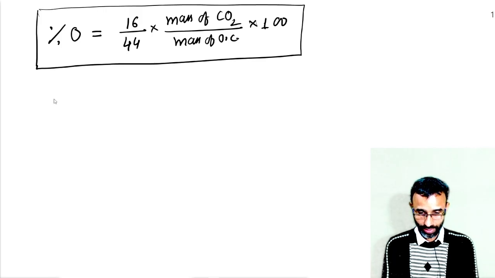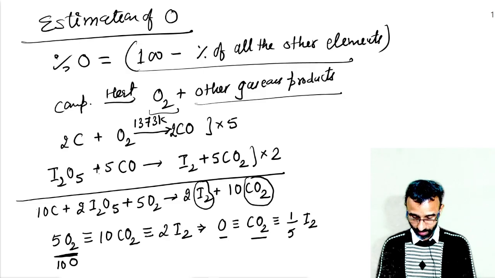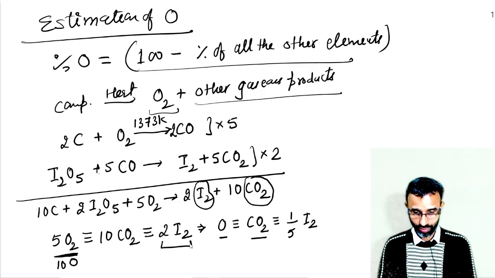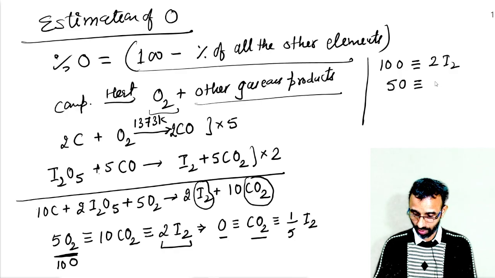And in terms of iodine, percentage of oxygen in terms of iodine. So 2 I2 is equivalent to 5 O2. Means 10 oxygen is equivalent to 2 I2, or we can say 5 oxygen is equivalent to 1 I2.